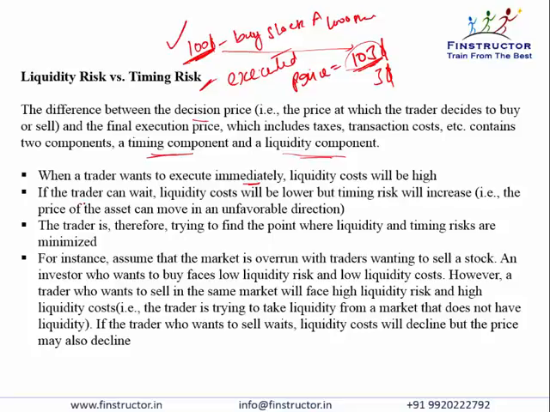If the trader can wait, the liquidity costs will be lower, but the timing risk will increase, so the price of the asset can move up. Maybe at $100 when I placed the order there wasn't enough liquidity, so I waited, but by the time the liquidity came, the price had already moved up. So the trader is normally always trying to find the point where liquidity and timing risks are minimized.